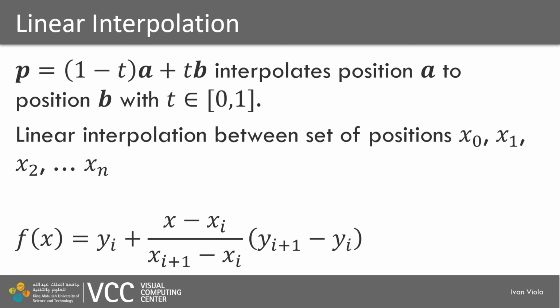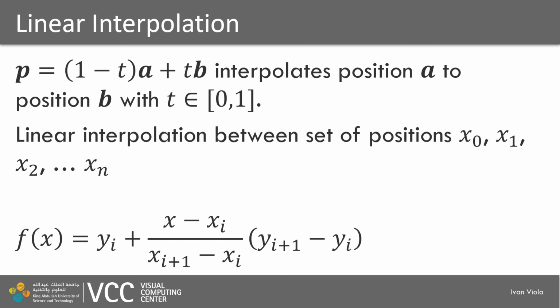For example, here we have the point A and point B, and we would like to create a point P, which lies in between these two and refers to a position with a certain value of the parameter t, which goes between 0 and 1.